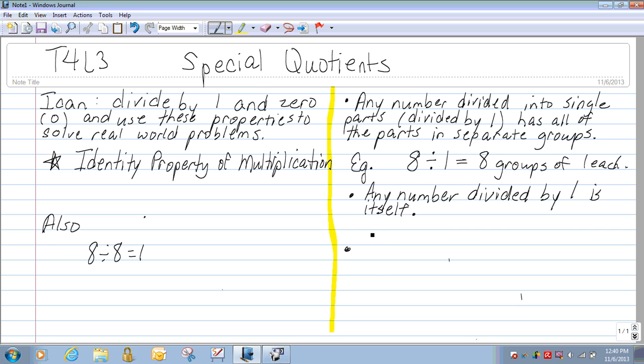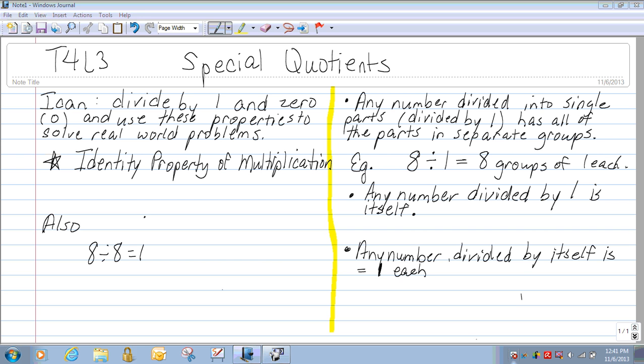So with that, we can say any number divided by itself is equal to 1 each, 1 in each group.